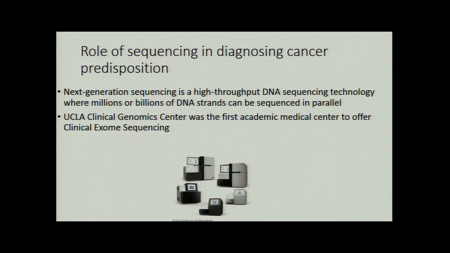UCLA was the first academic medical center to offer clinical exome sequencing, which covers more than 95% of the protein coding regions of the whole genome. And this essentially removes the guessing game in which clinicians have to pick and choose which heritable cancer syndrome we should test for, and especially can be helpful in cases where the phenotypes are complex and can even be cost-effective.